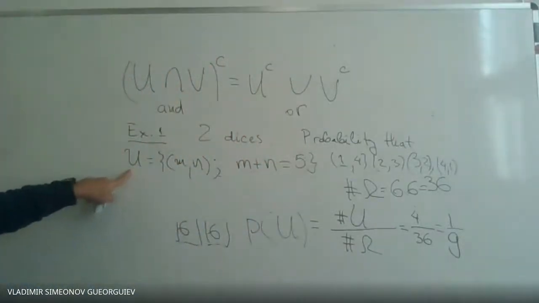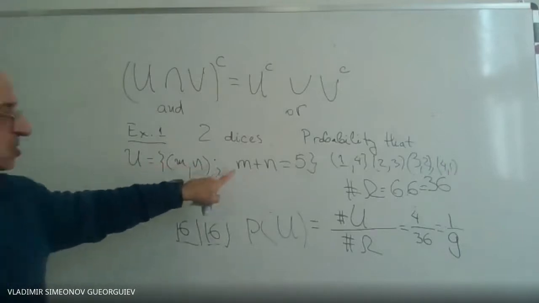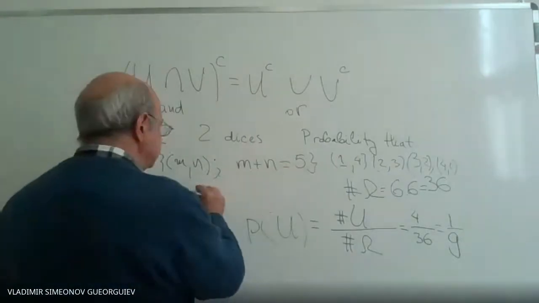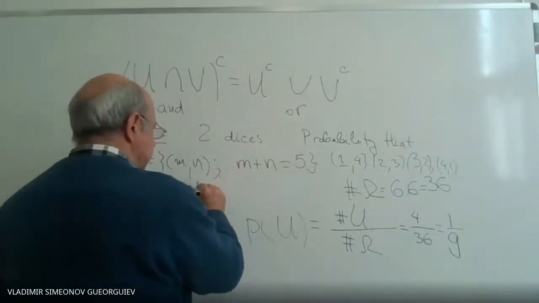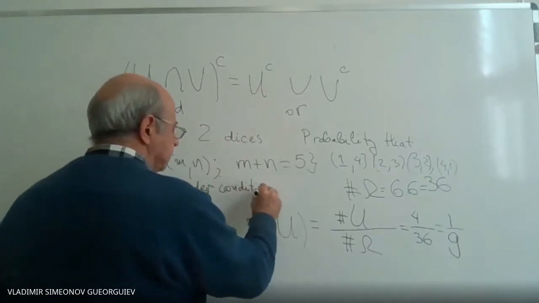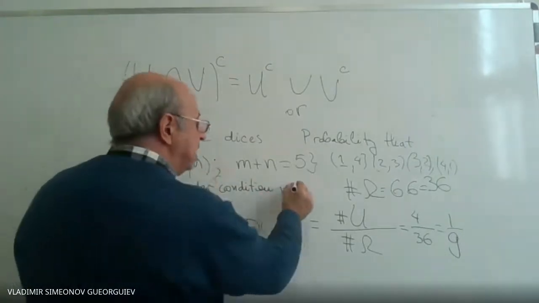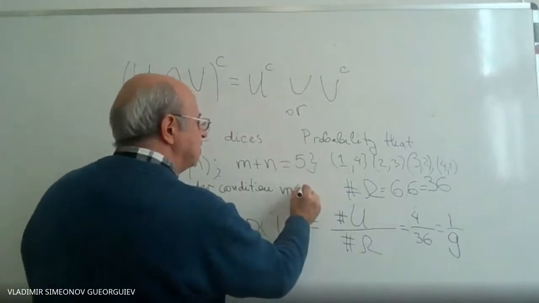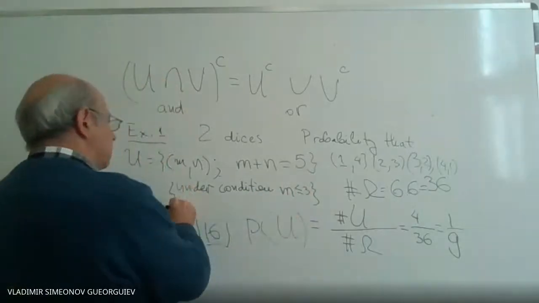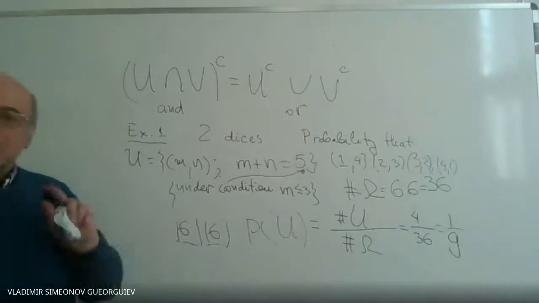Our event is such that (m, n) has sum 5, but under the following condition: m, the first number, is smaller than or equal to 3. So we add a suitable condition at the end.